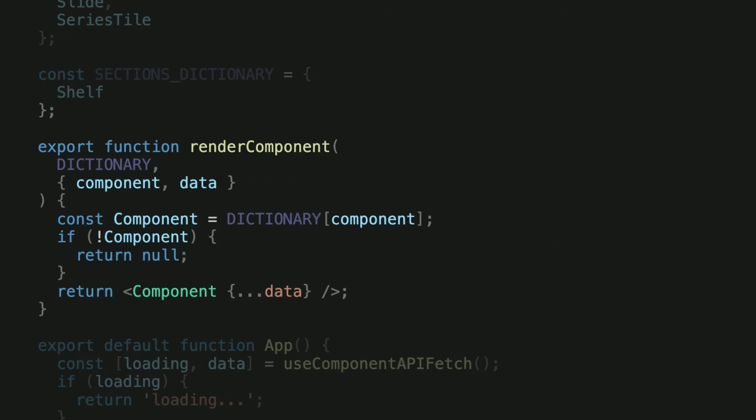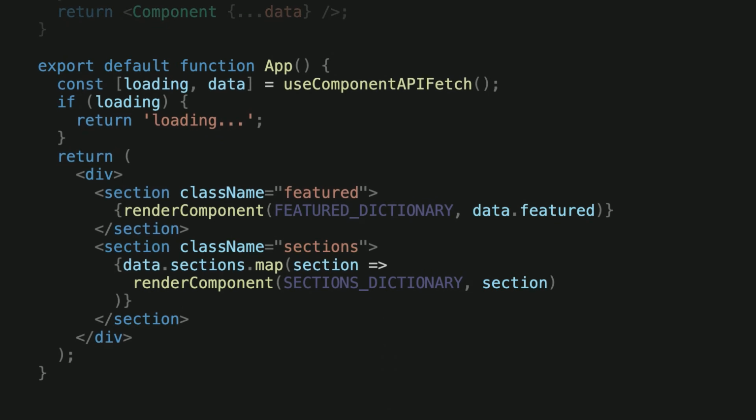If you receive a component that you don't have implemented, you should probably throw there, because that's pretty bad. I just return null for some reason. And then you're going to generically render whatever component you just got with whatever data you just got, right? So here's what the app could look like for that really basic example I gave.